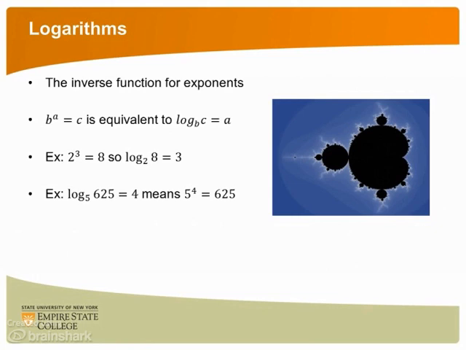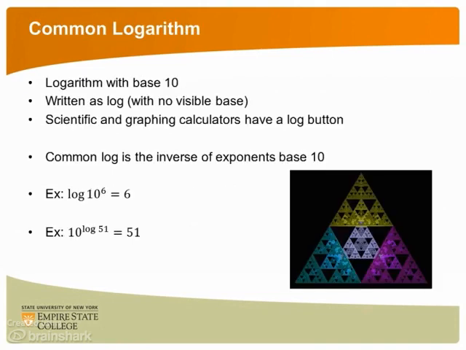For another example, suppose we had log base 5 of 625 equals 4. The equivalent exponent is 5 raised to the fourth power equals 625. Certain special logarithms are used more frequently than others. The first of these is the common logarithm, which is the base 10 logarithm.